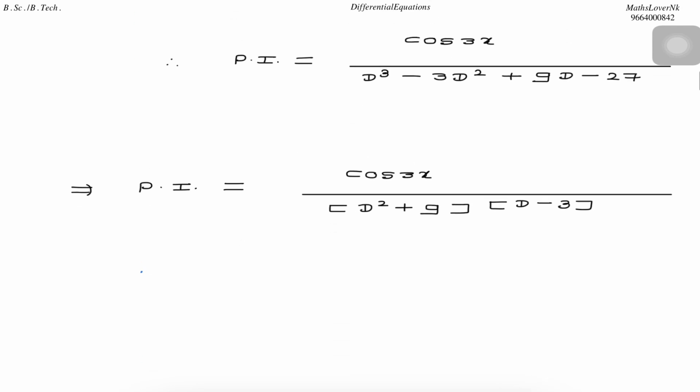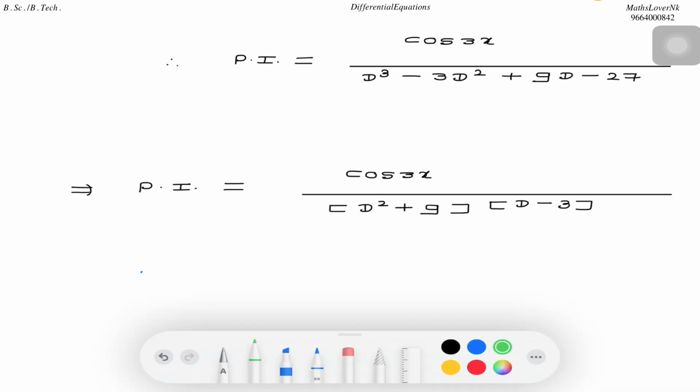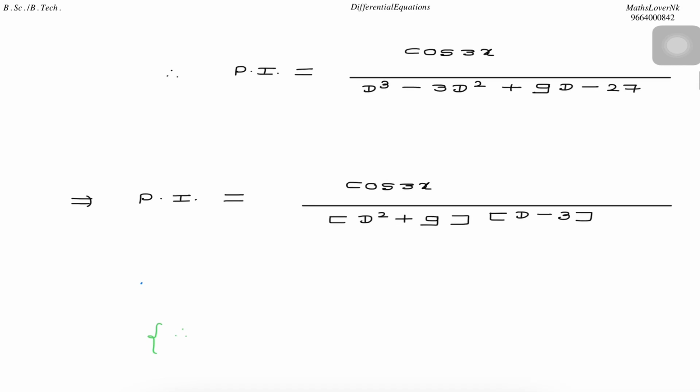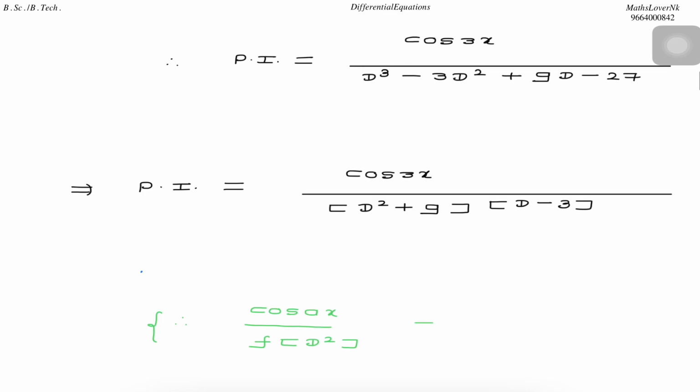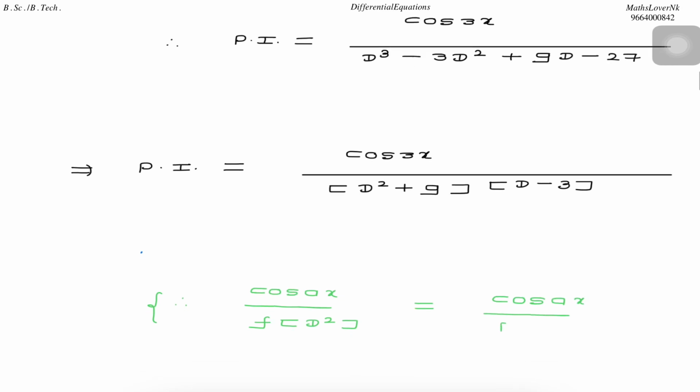Now we studied some identity in earlier classes. The identity says that if cos ax is in the numerator upon a function of D square in the denominator, f(D square), then we can write cos ax as it is, upon D square replaced by minus a square.